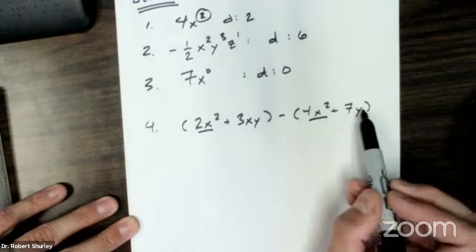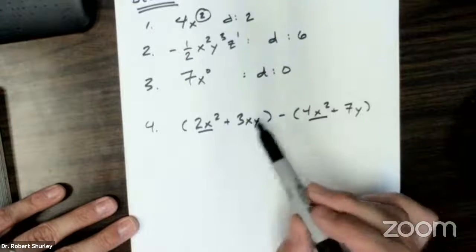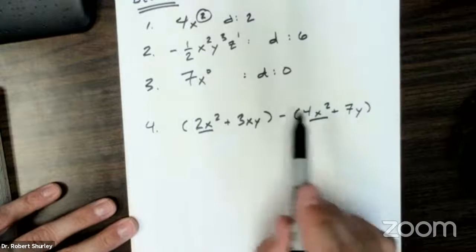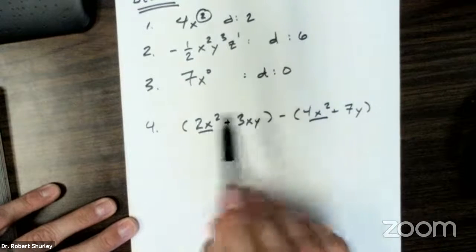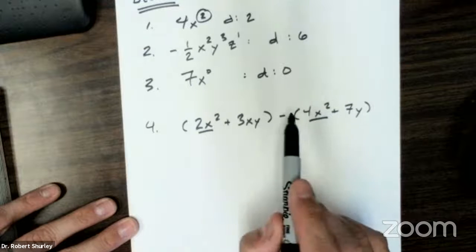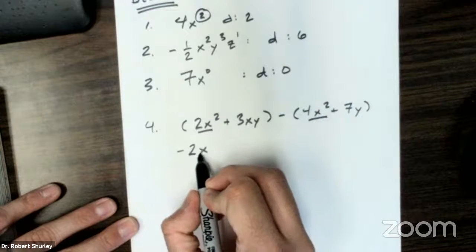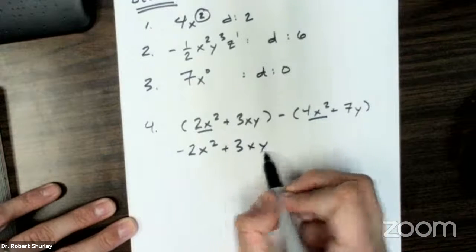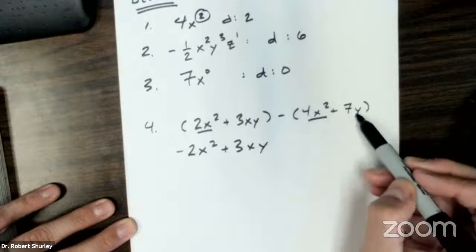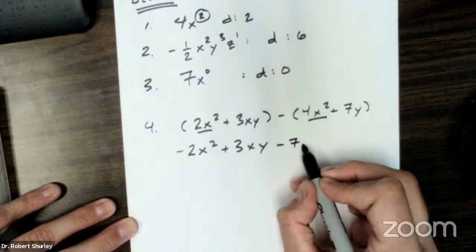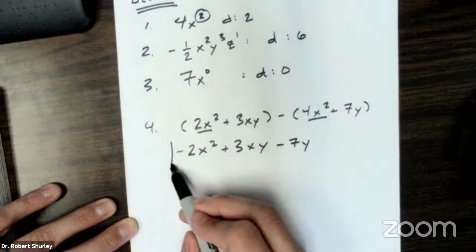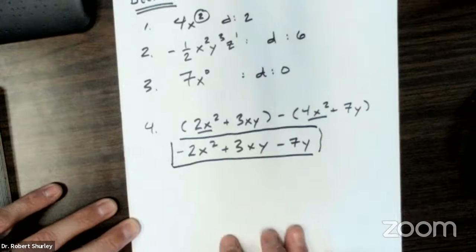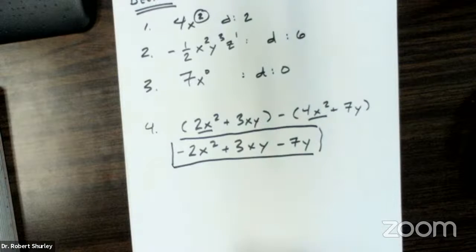These two are non-like terms. An xy and a y do not have the same exact variable. So the only things we can combine are the x squared. So I'm going to do 2x squared minus 4x squared. That's a minus 2x squared. I can't do anything with that plus 3xy. Now this minus sign has to go to the 7, so minus 7y.